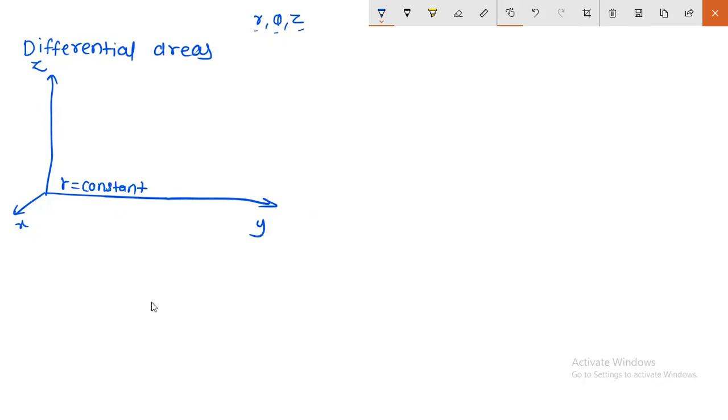So here, if phi is present, meaning an angle is present, then for that purpose we have to consider the arc.